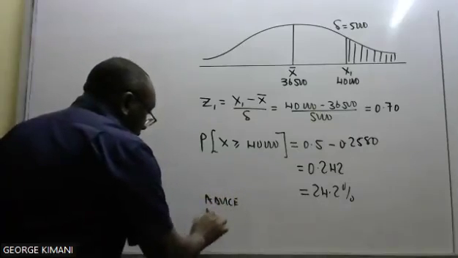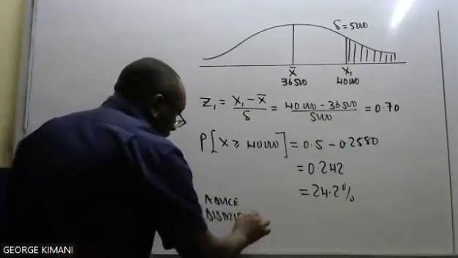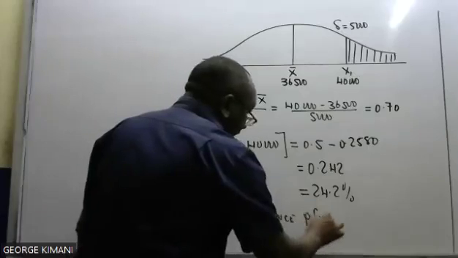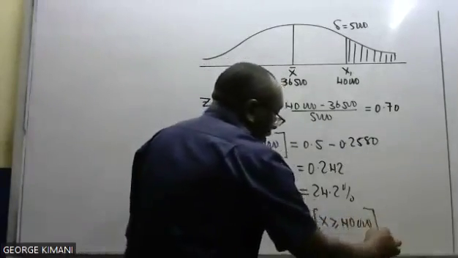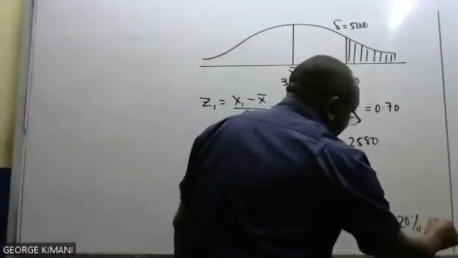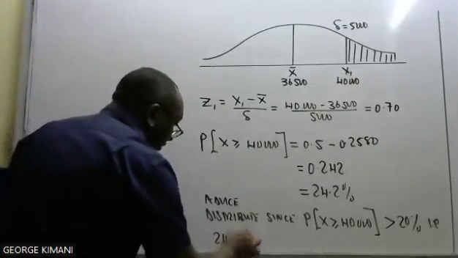They should distribute, since the probability that X is greater than or equal to 40,000 is greater than 20%. That is 24.2%.